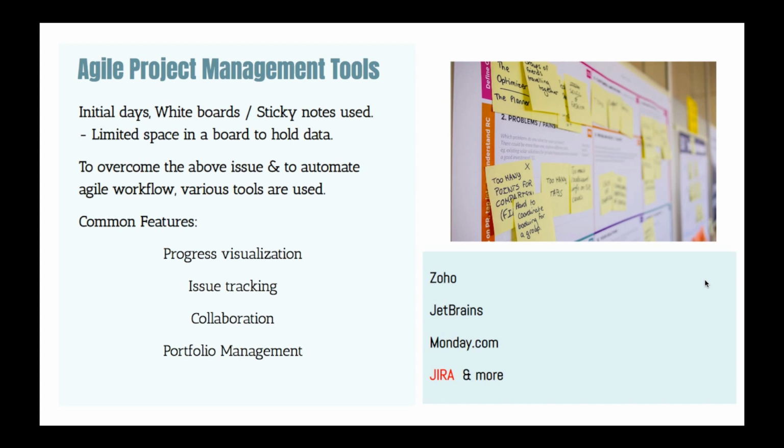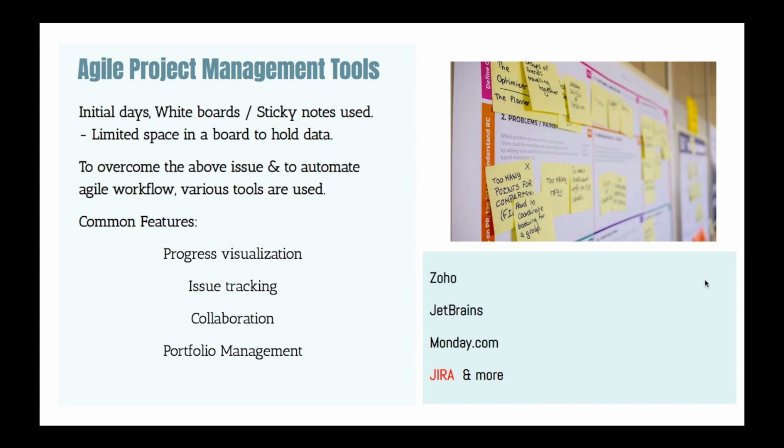It used to occupy a lot of space, number one, and also the given whiteboard or area can hold only limited data. It's very difficult to track the backlog or any kind of follow-up or limited comments. So that's an issue, right?